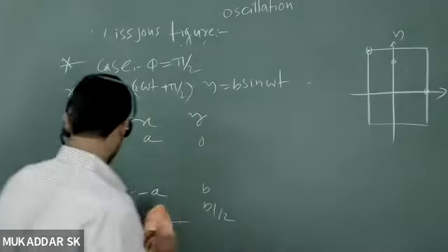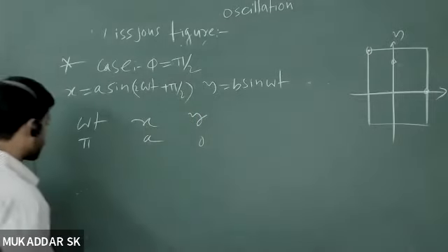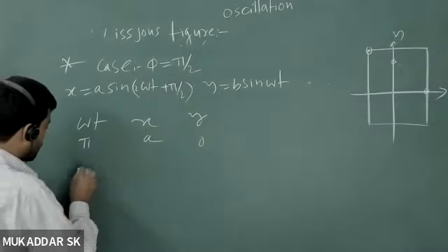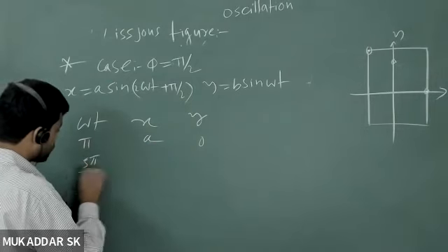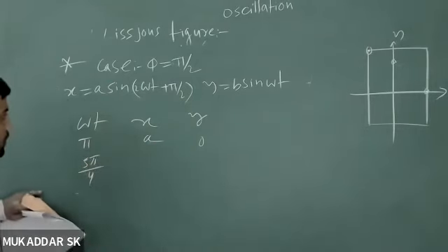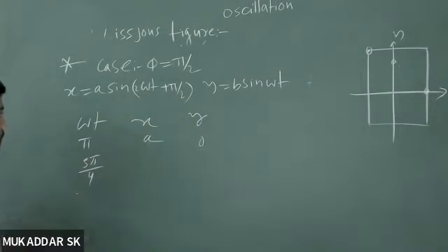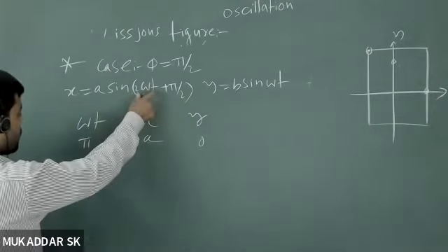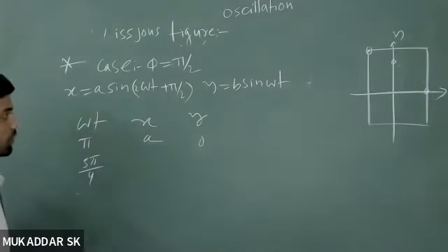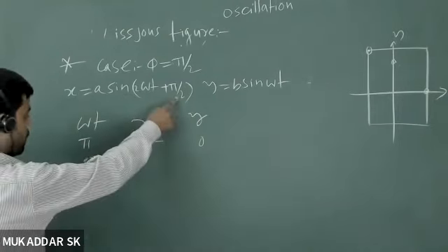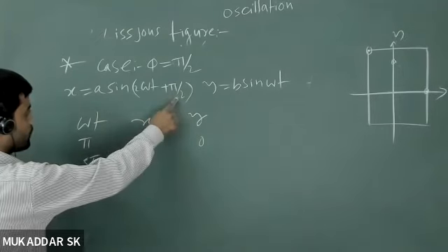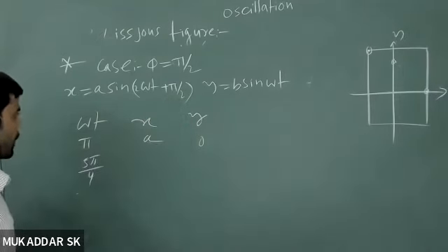Now you take more. If you take more, like pi plus pi by 4, let us take omega t equals 5 pi by 4. If you take 5 pi by 4, then what will happen? This will become 5 pi by 2, right? This will become 5 pi by 2, and you have pi by 2. So sin 5 pi by 2 plus pi by 2, it will become 3 pi, right?